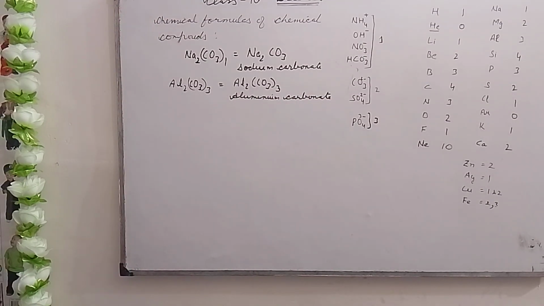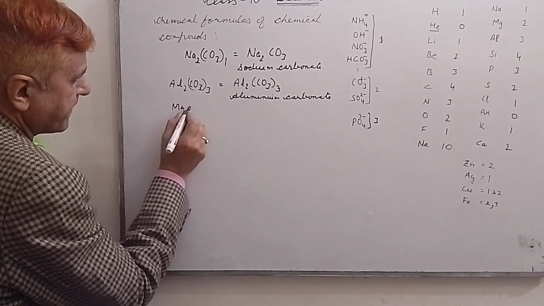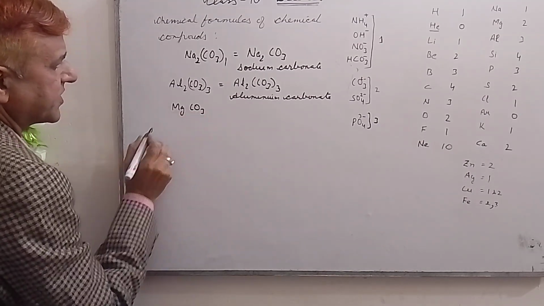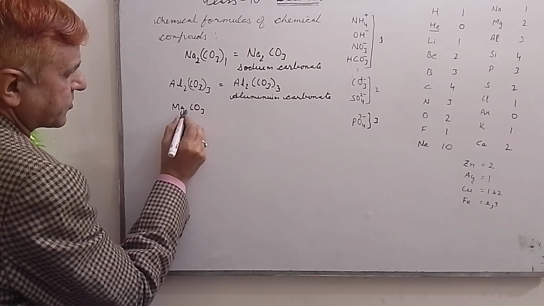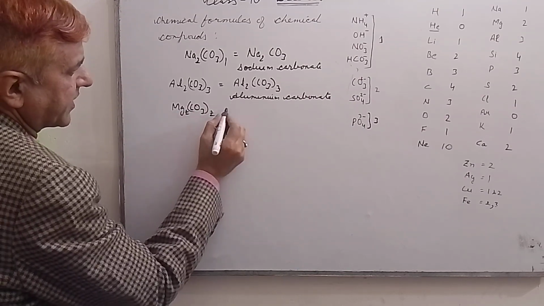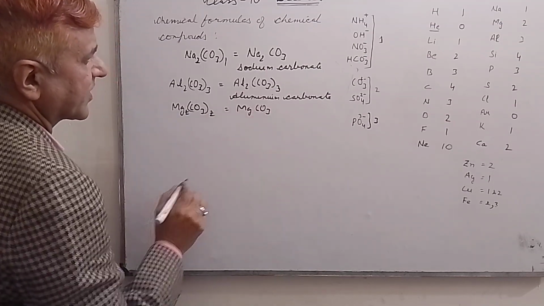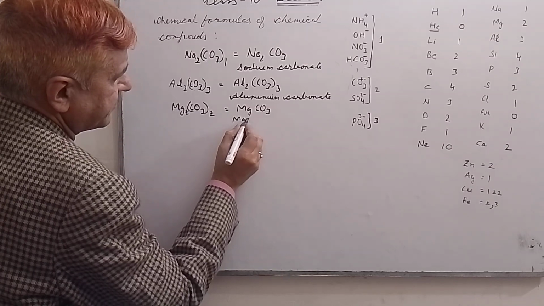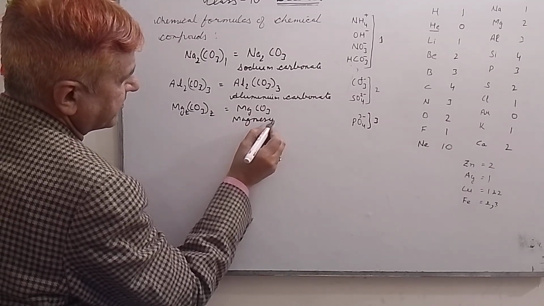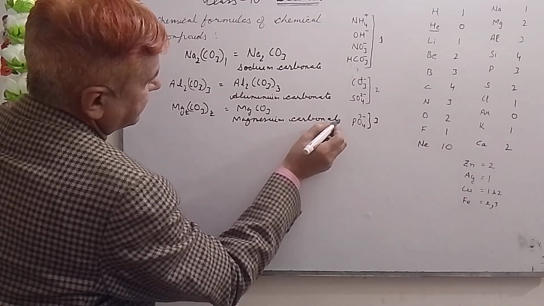Then we have magnesium carbonate. What is the valency of carbonate? 2. And the valency of magnesium? 2. So the 2 and 2 get cancelled and we have MgCO3, magnesium carbonate.